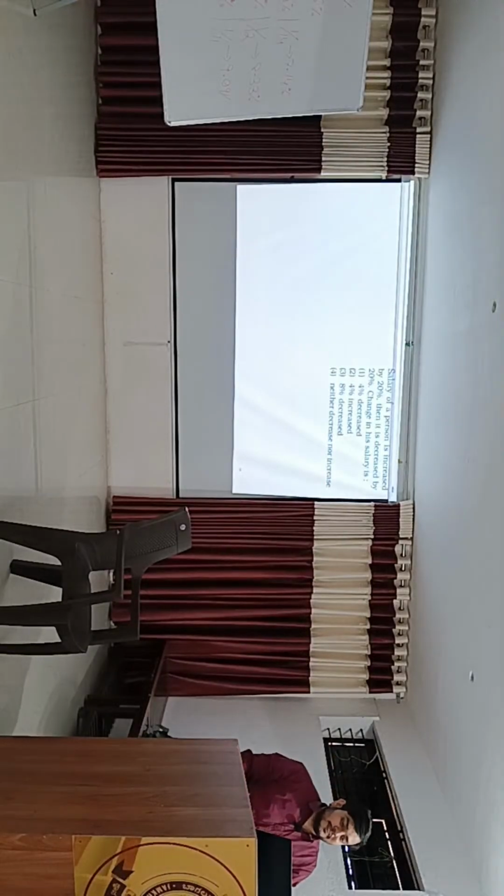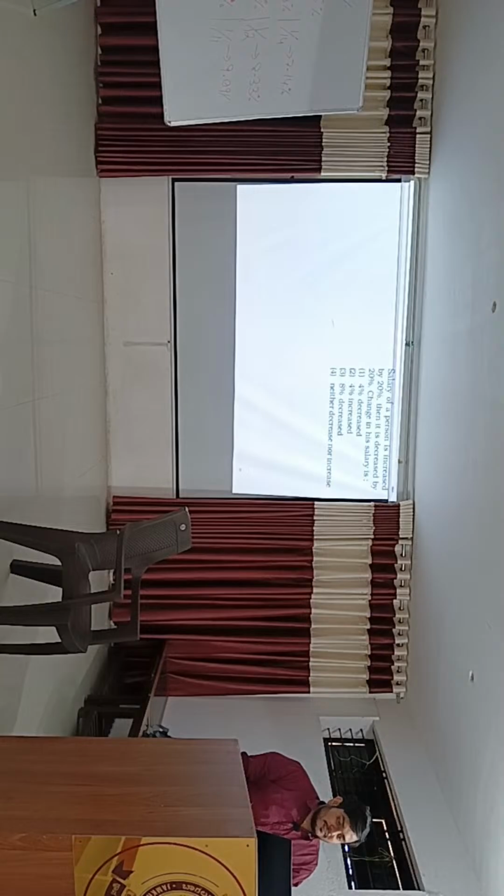For example, if the salary of a person is 100 rupees, first increase 20%. What is 20% of this? 20 rupees. How much you will get now? 120. From there we lost 20%. What is 20% of this? 24. So 120 minus 24 is 96.